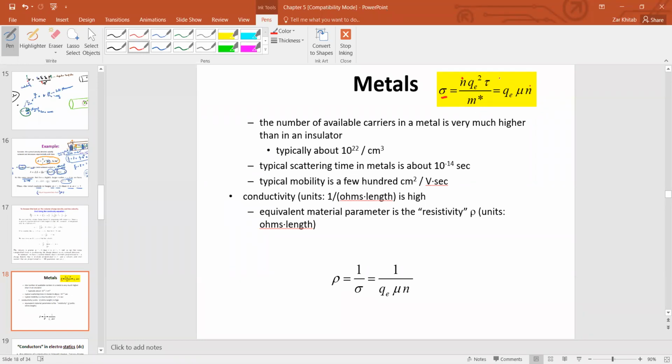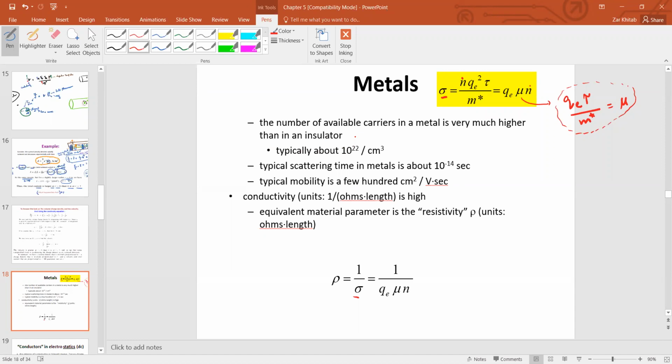And from this equation, q e tau divided by effective mass we can call the mobility. So we consider this as the mobility factor. And resistivity is just the reciprocal of conductivity. It will be this value.